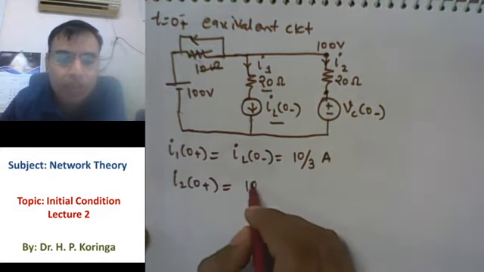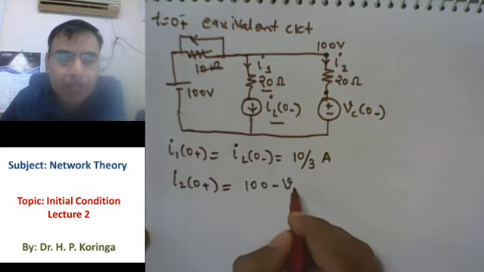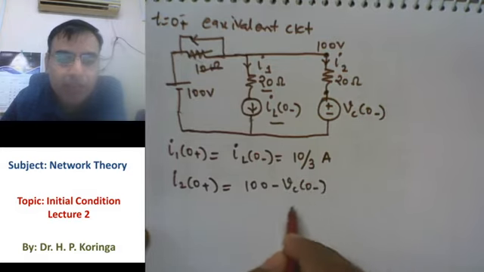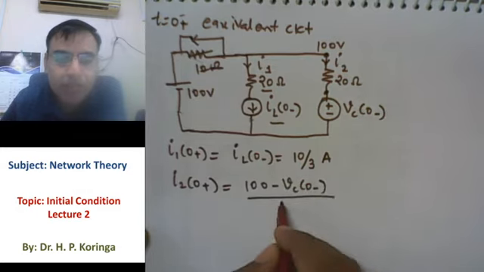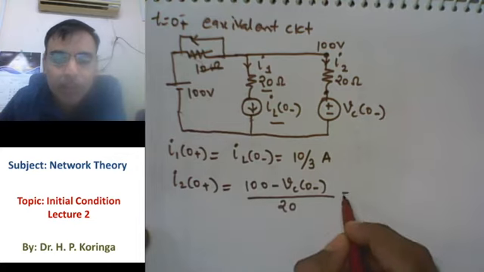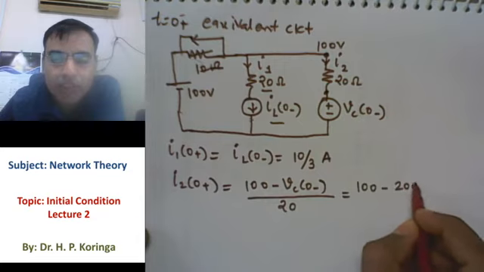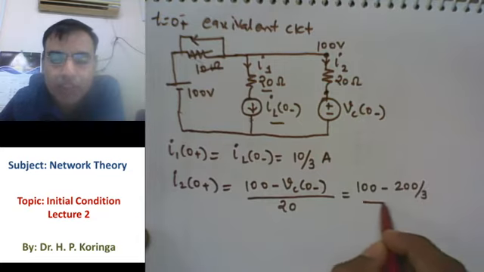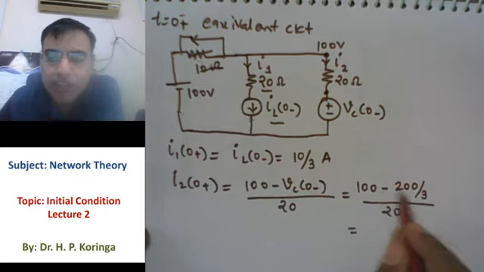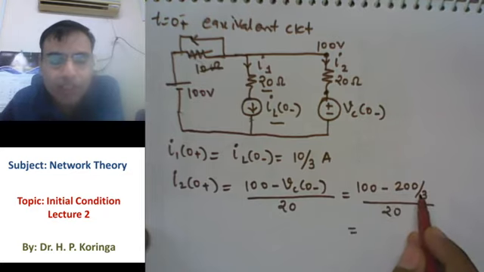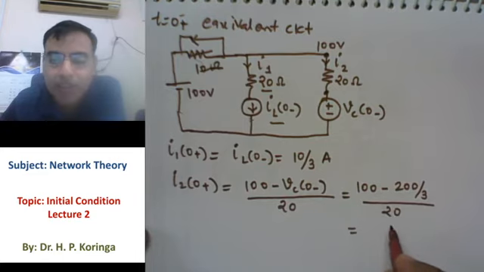So the potential difference is 100 minus VC of 0 minus, divided by 20 ohm. Now let's substitute the value of VC of 0 minus, which is 200 divided by 3, divided by 20. So it is 300 minus 200, that is 100 divided by 3 multiplied by 20.